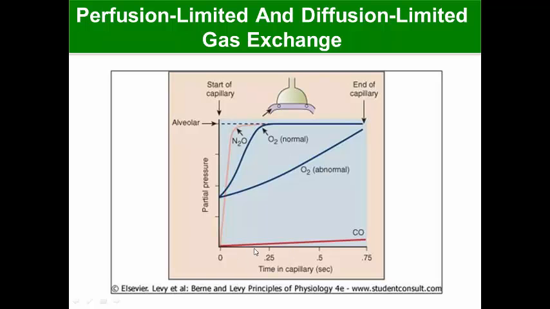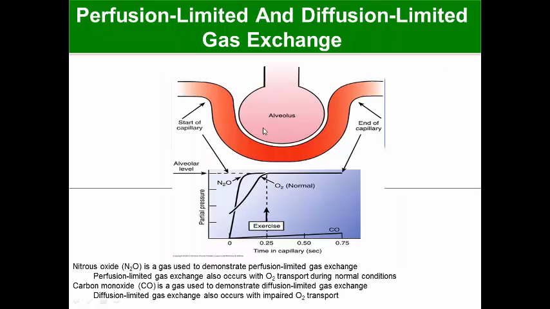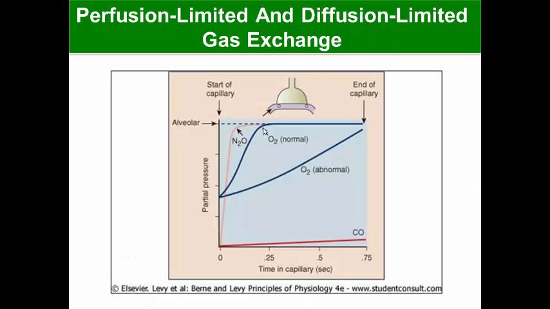So again, this is the time or the length of the pulmonary capillary. And this is the partial pressure of the gas in the blood in the pulmonary capillaries. And at the top, this is the partial pressure of the gas in the alveolar air. So you can see here that oxygen takes approximately 0.25 seconds along the pulmonary capillaries, and its partial pressure by this time is equivalent to the partial pressure of oxygen in the alveolar air.